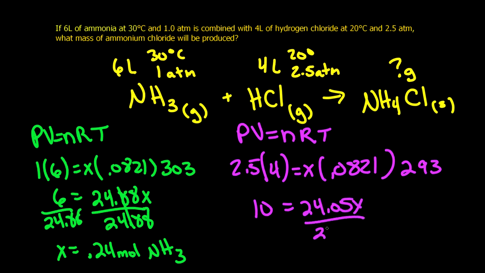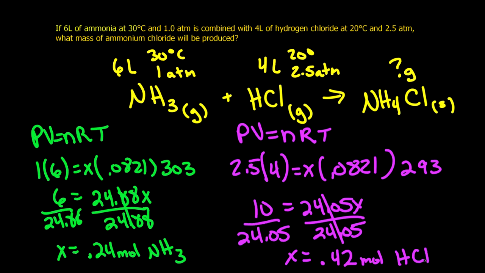We divide by that value. That cancels. 10 divided by 24.05 gives me 0.42. So 0.42 moles of hydrogen chloride.